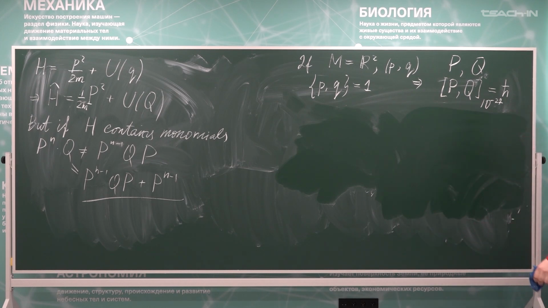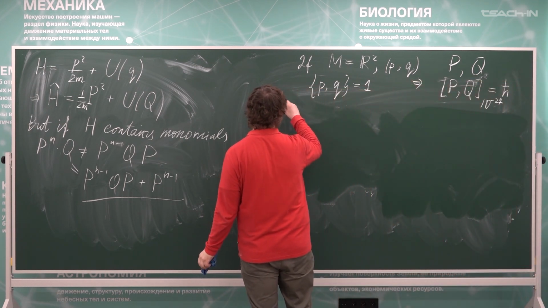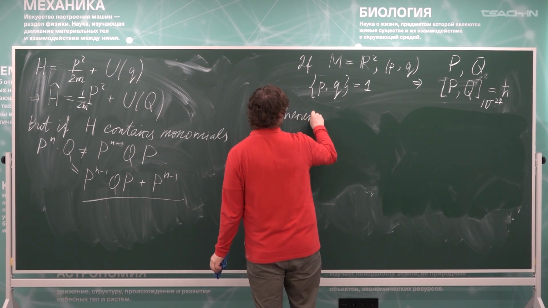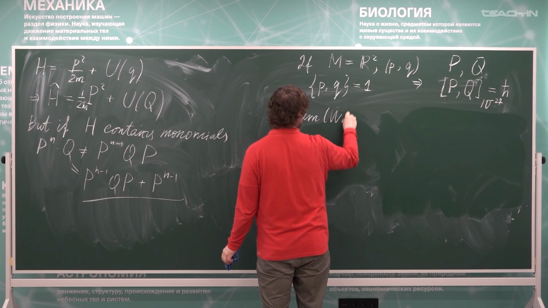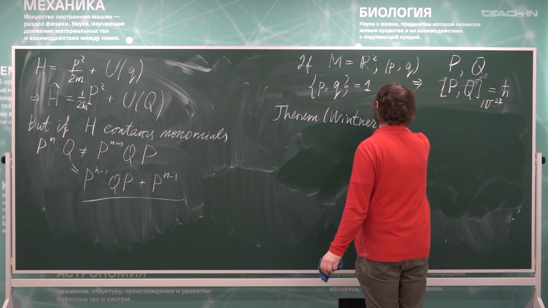Either one or both operators in this pair should be unbounded. In fact, this is called Wintner's theorem. Very simple fact, but still worth it.